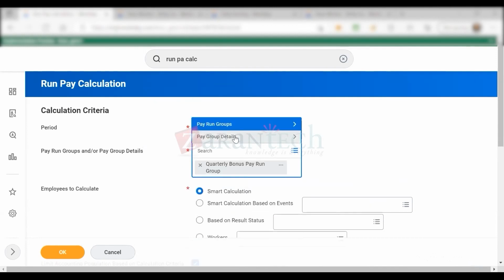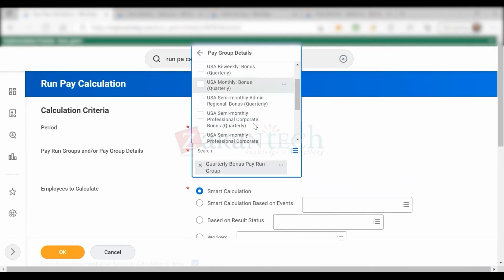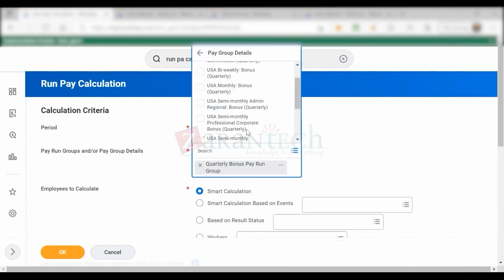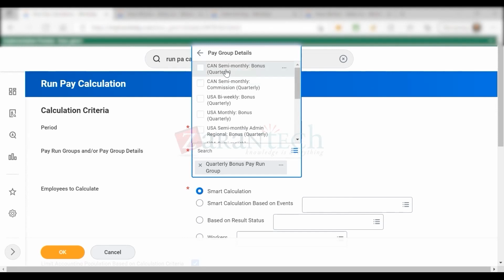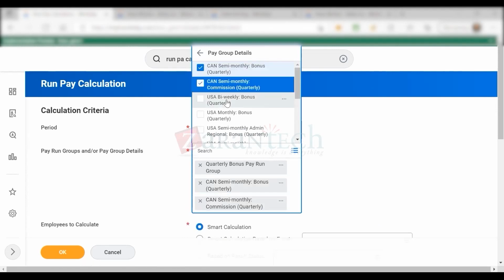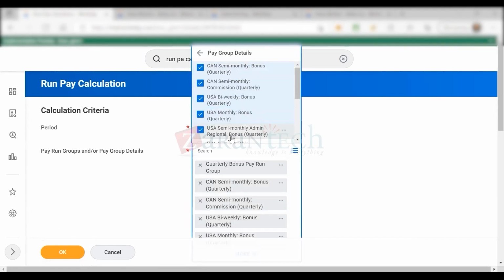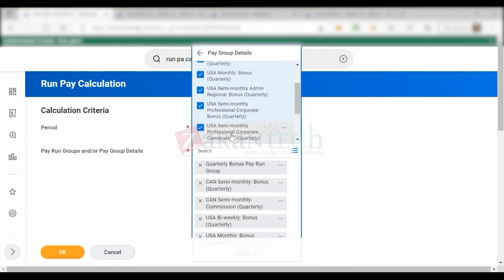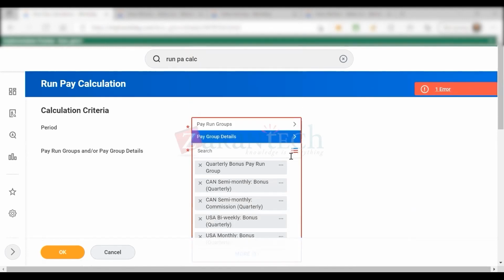If we don't run with pay run group, see all those 7 or 8 pay groups, they are listed on my list, and then I need to pick 8 of them, okay, which is kind of annoying.